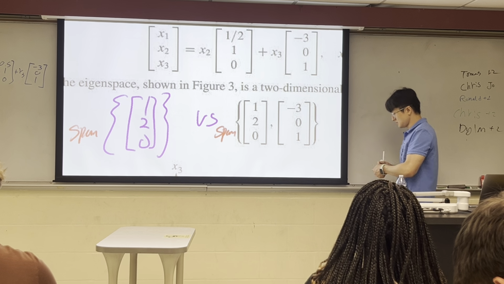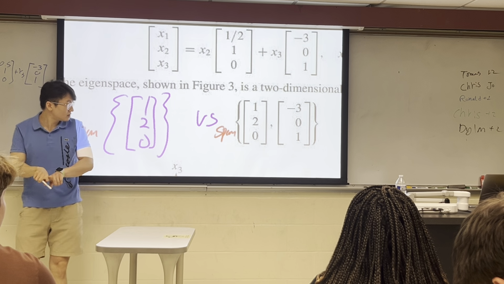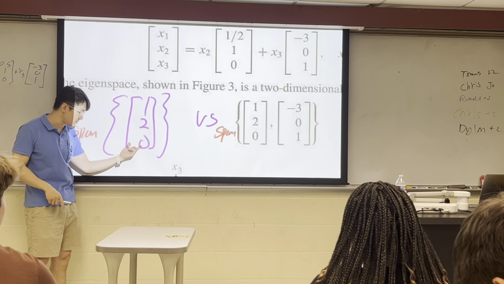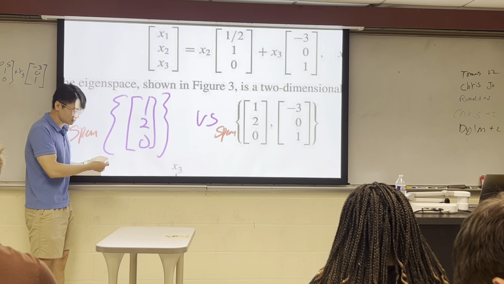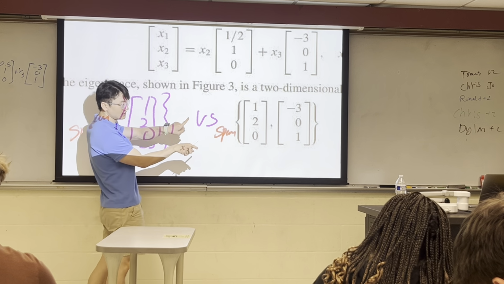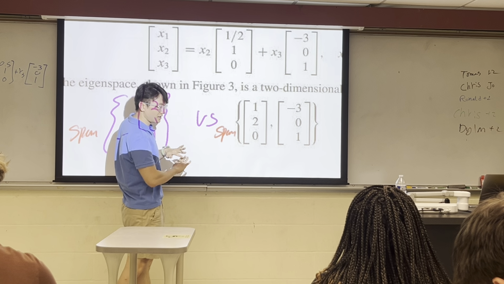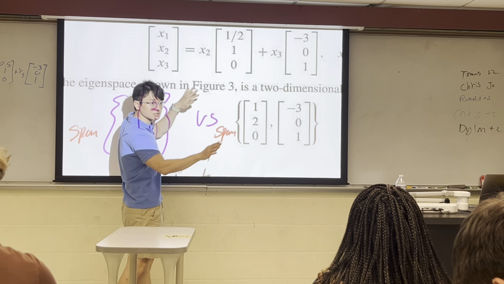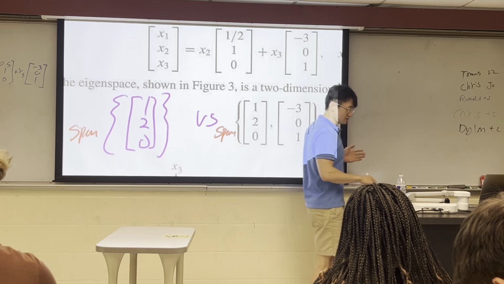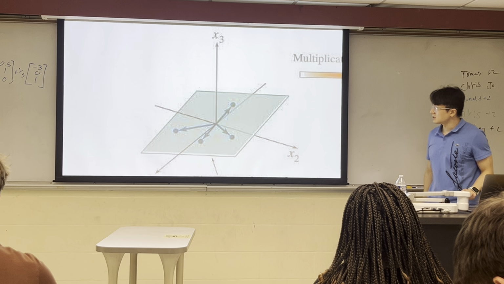Yes. Essentially, if you have one independent vector, the span of that is just going to align along that vector, right? If you have two independent vectors, then the span of those two is going to be a plane. It's like a slice of cheese. If you visualize this, something like this.